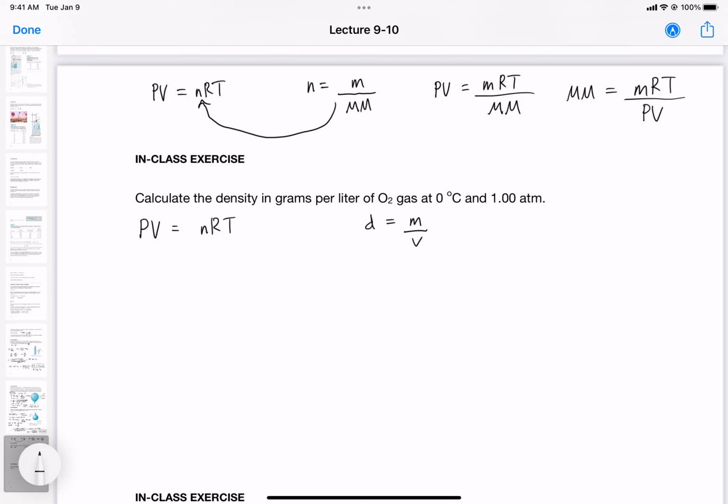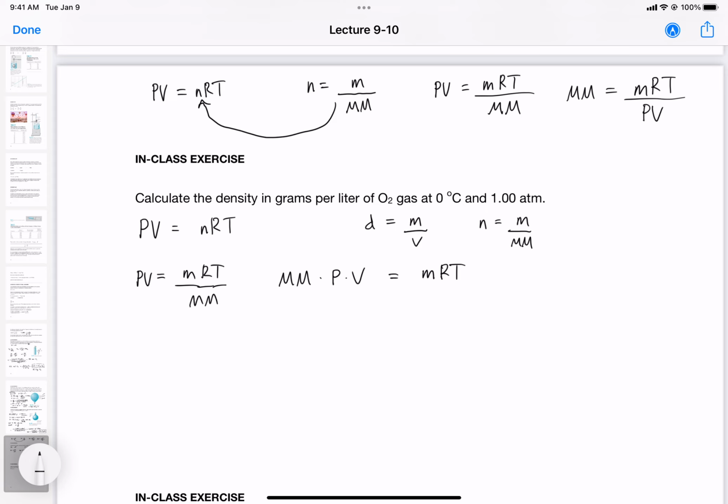And we know moles is mass over molar mass. So we could rearrange it like this. PV equals mass times RT over molar mass, and then multiplied by molar mass, we get M times P times V equals mRT.